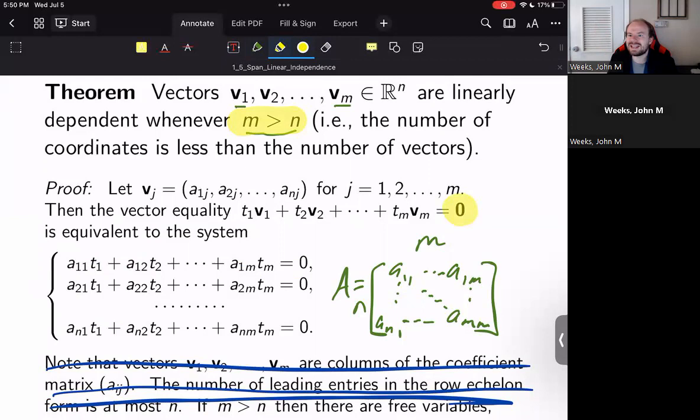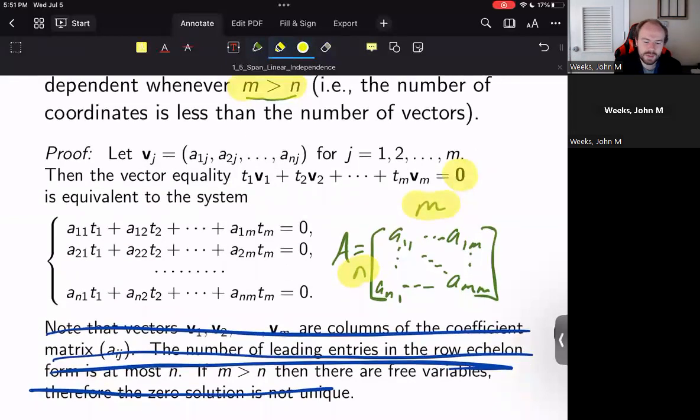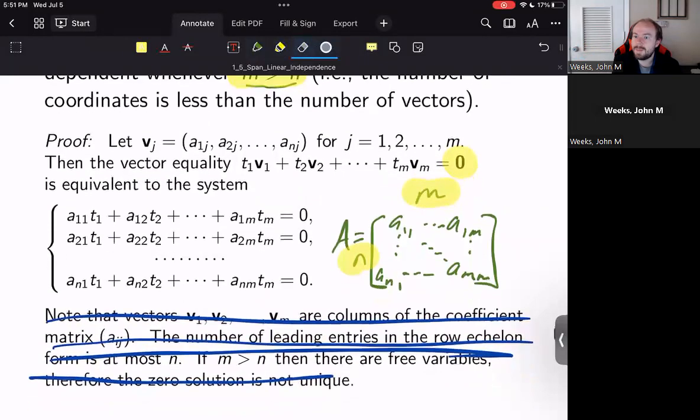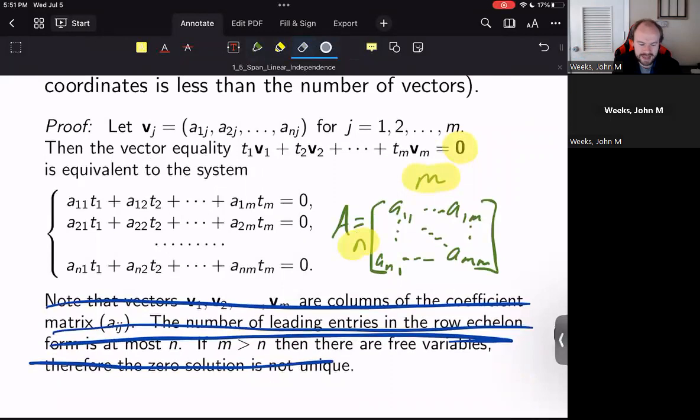But you're going to get that there is more than one solution for this system of equations, and that's because you have more columns than you have rows. So pivoting is going to become an issue along the way. Namely, you're not going to get just a row of zeros in one way. The only way that you could do that is if you had a linear dependence relationship between v1 and vm.